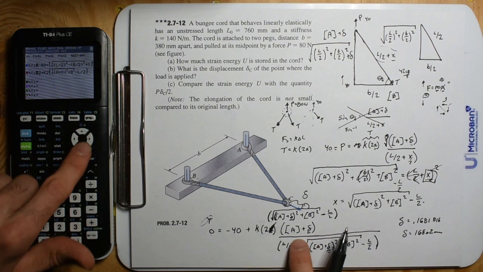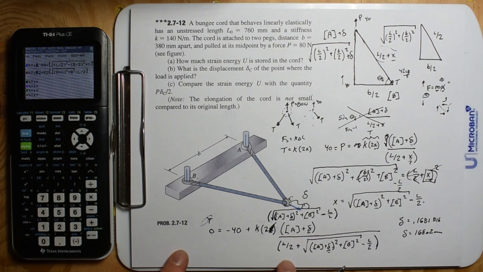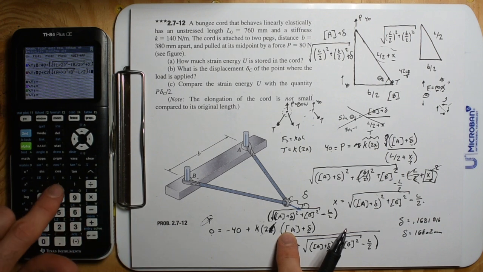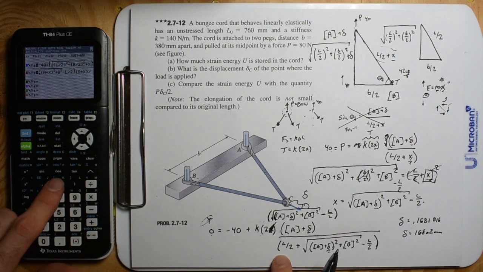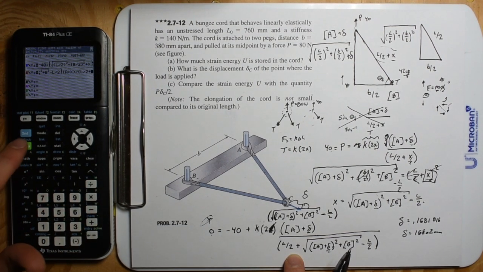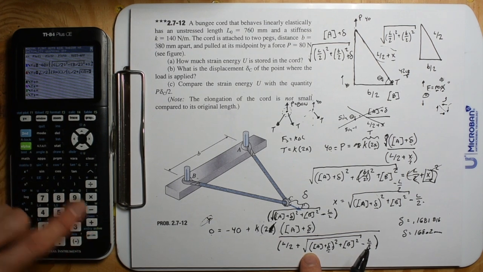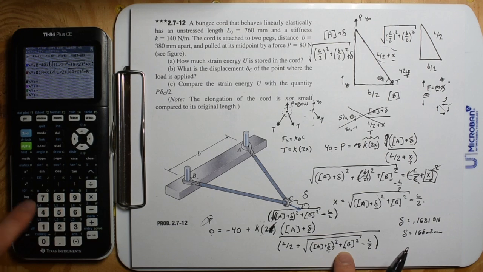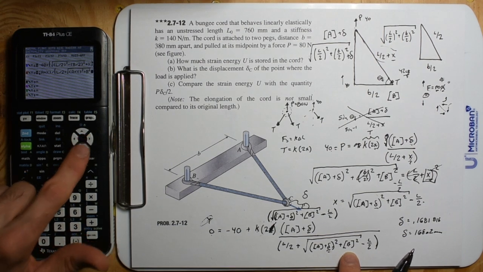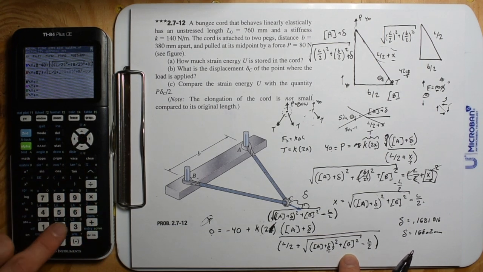So we got that, and now we're ready for this. So, yeah, I think we're good. I think we can just type in this, another parentheses, alpha a plus x, parentheses. And now we can just divide, but we do need a parentheses here. Alpha L divided by 2 plus the square root, parentheses, alpha a plus x, parentheses, squared, plus alpha b squared, done with the square root, minus alpha L divided by 2.